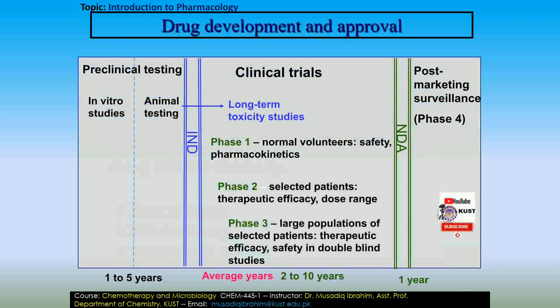So animal testing is the second stage in preclinical testing, in which normally mice are used.